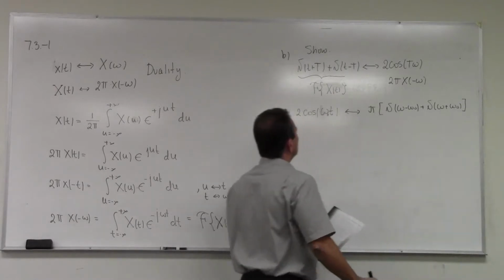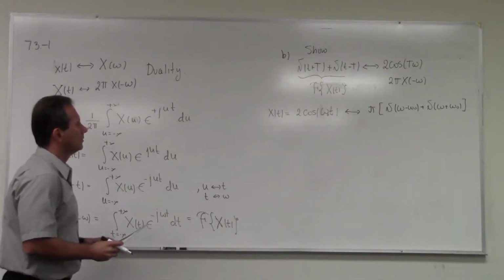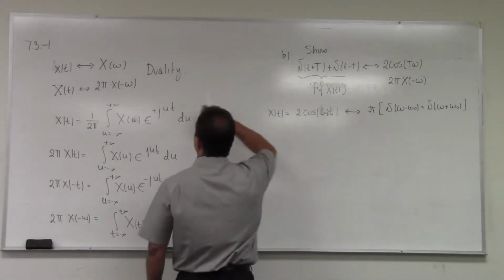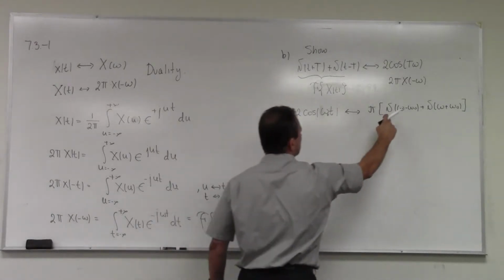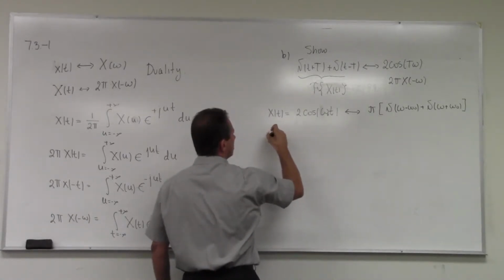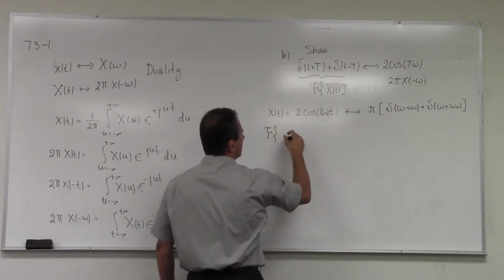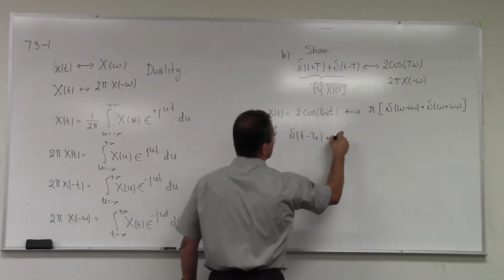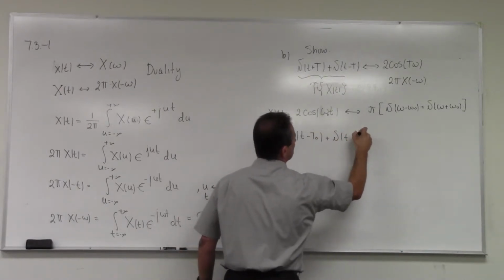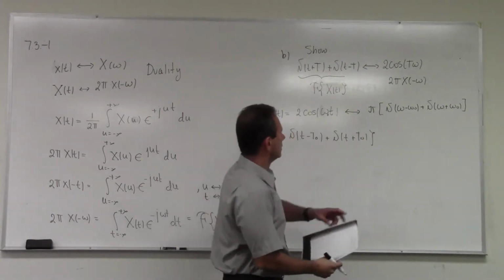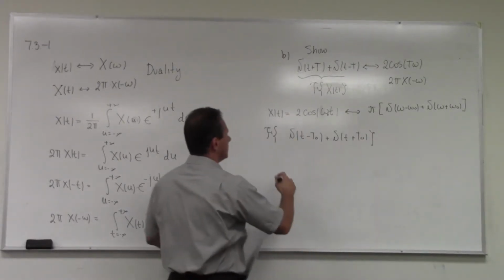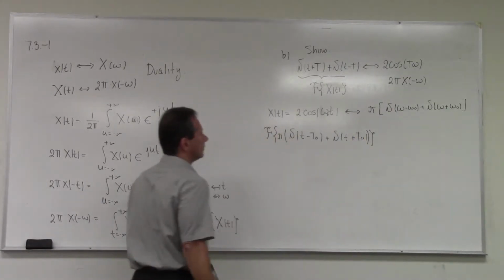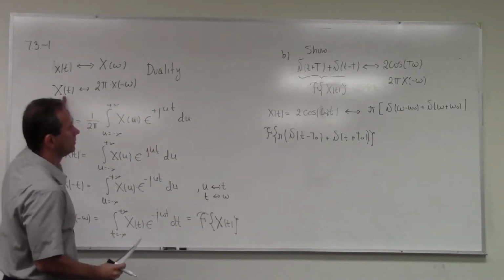That's one of the Fourier transforms. So now the question is, if this is X of omega, what is the Fourier transform of delta of t minus t0 plus delta of t plus t0, which is this guy, but let me also put pi here so that we have the Fourier transform of x of t.